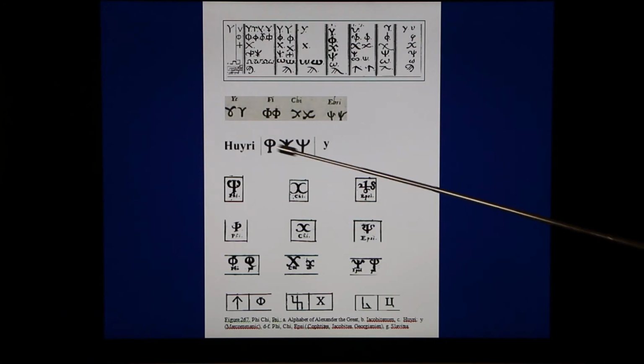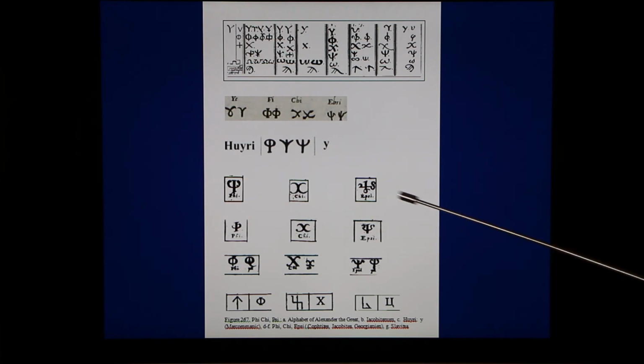And here you have Wiri, and here you have Phi, Chi, Psi in various versions. And so we again see that what starts as seemingly completely different alphabets really again have underlying bits that are the same.